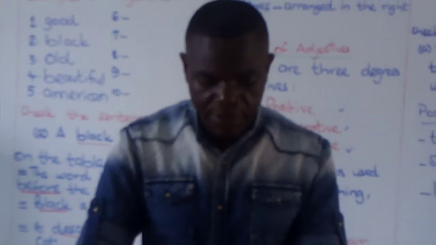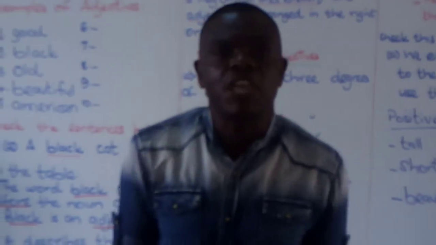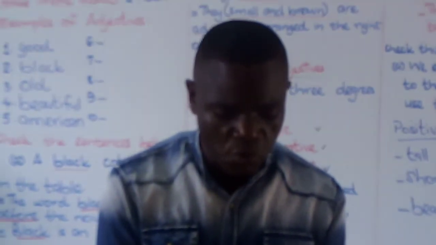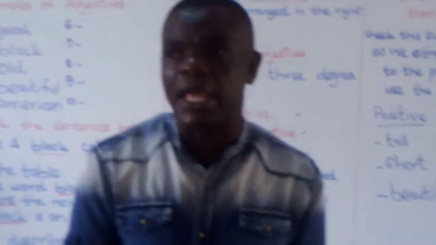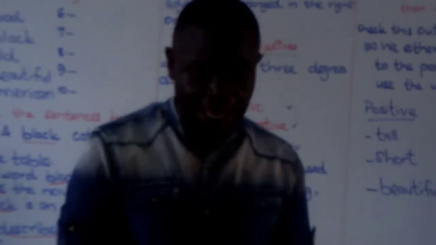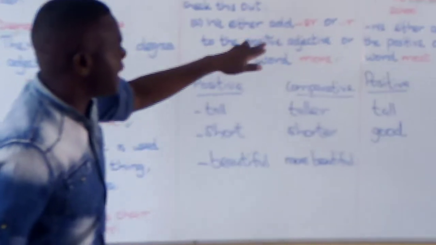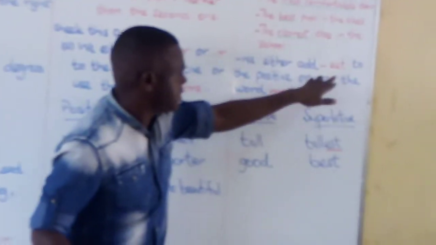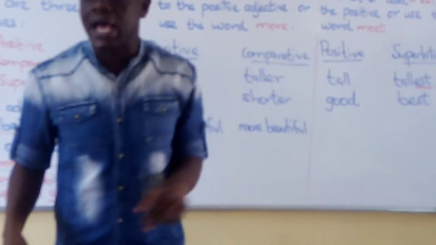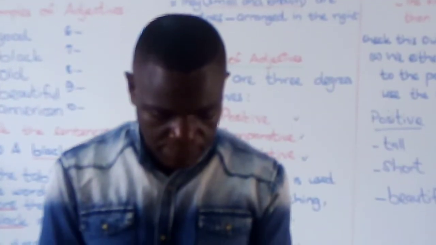There are adjectives that are irregular. We have irregular adjectives where the word changes completely, like good and best, like bad. They are not among the adjectives that we add er or est. We don't add more or most. Those are irregular adjectives that change completely.